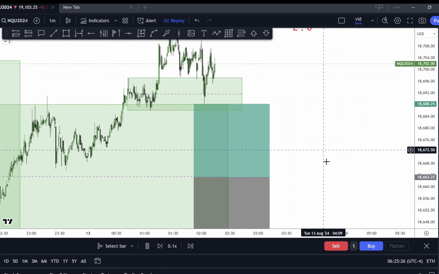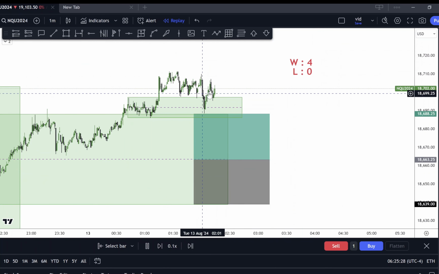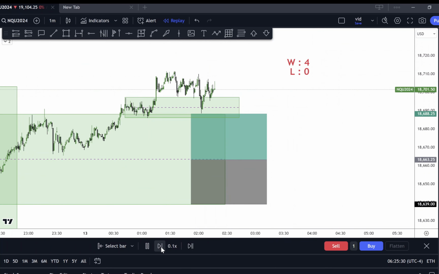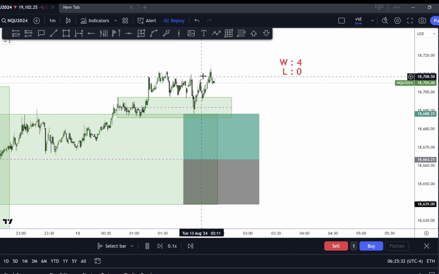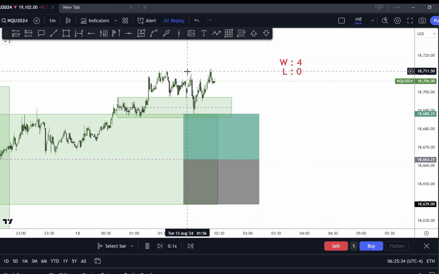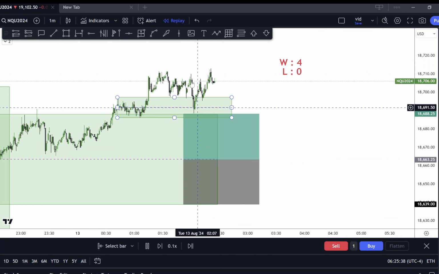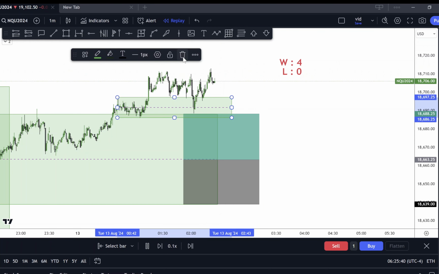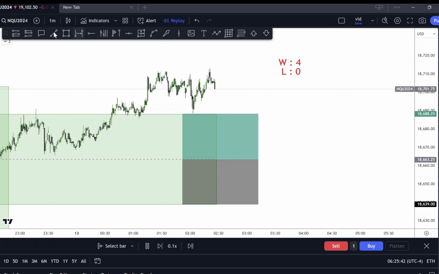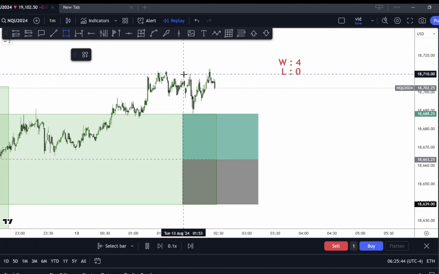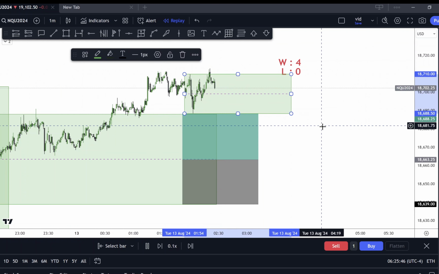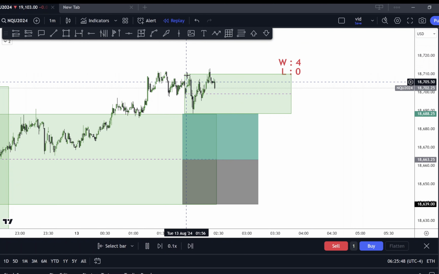Okay, we are still in Asia. Okay, so did we close above this zone now? Not yet, but we closed above this internal zone, which is also an ICT dealing range.